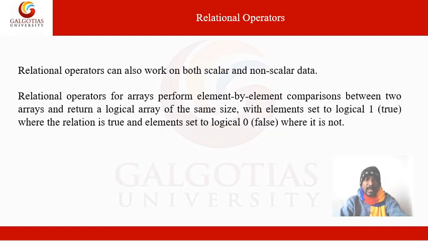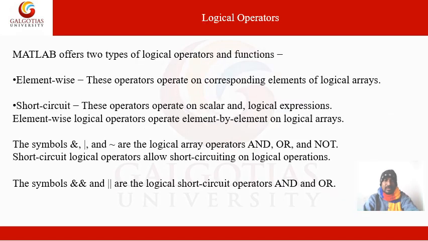Relational operators work on both scalar and non-scalar values, comparing arrays and returning a logical array of the same size, element by element, with the element set to logical 1 representing true and logical 0 representing false.